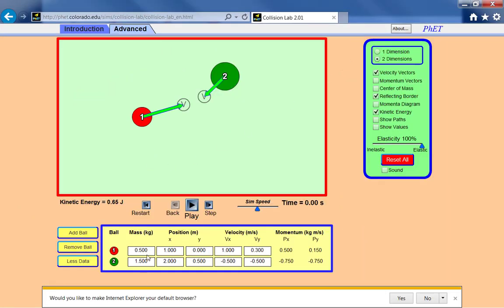If you look, mass 1 is 0.5, with initial velocity of 1 and 0.3 meters per second in x and y, and mass 2 is 1.5 kilograms with initial velocities of negative 0.5 in both directions. Right now the elasticity is set to 100%, and when I hit play, they come together and collide.